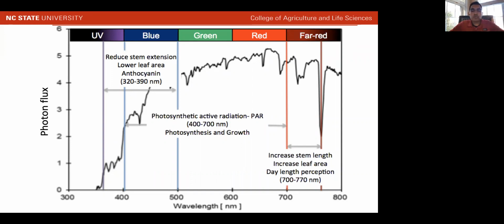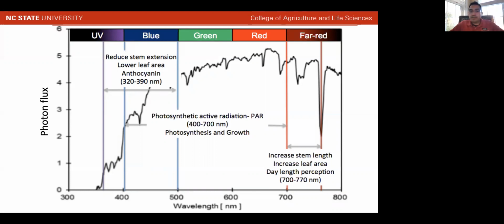Then you have between 400 and 700 nanometers, which is typically considered the light used for photosynthesis. Now with more recent research in the past two years or so, we know also that far red light is an important contributor towards photosynthesis. But for general explanation here, we can consider 400 to 700 as the main wavelengths to increase plant growth through photosynthesis.